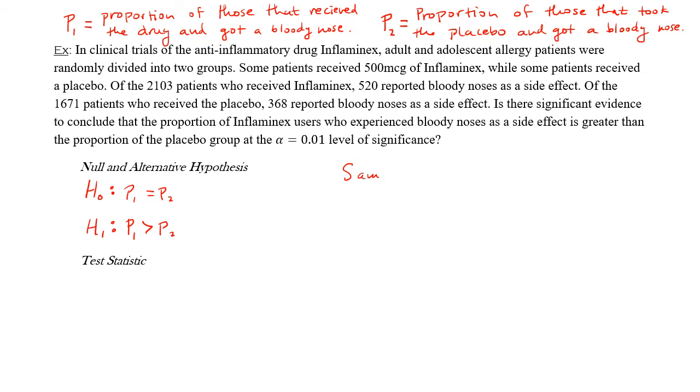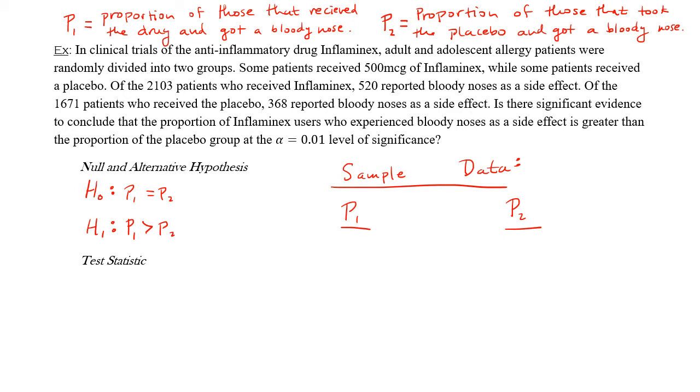Okay, so before we go, let's collect our sample data. So between our two populations, P1 and P2, P1 will be those that received the drug.